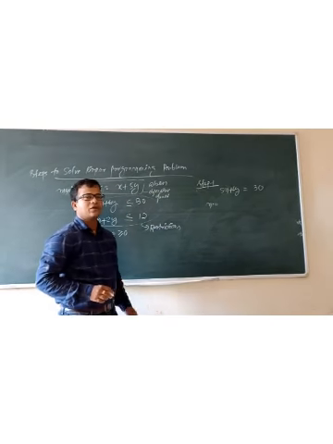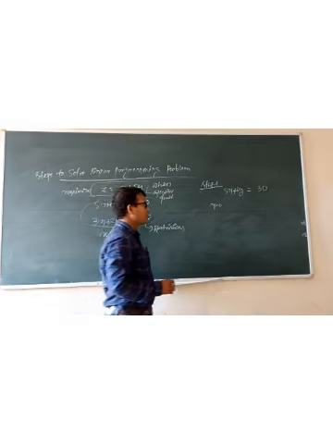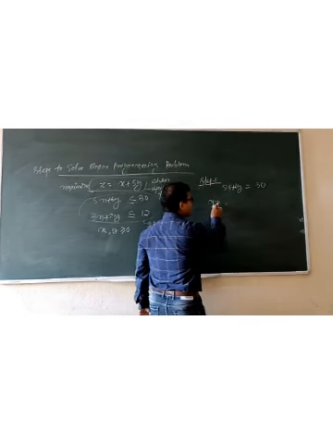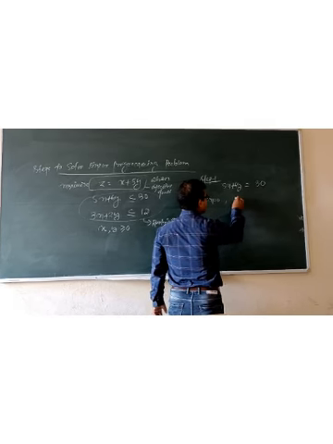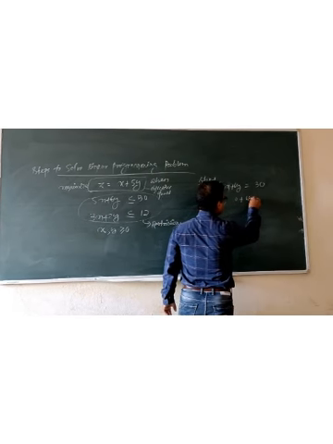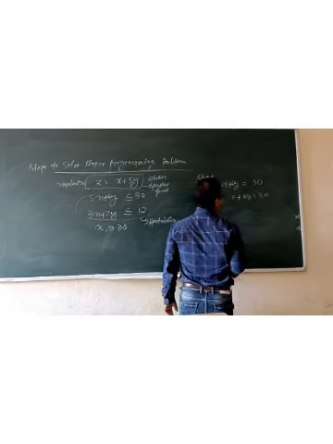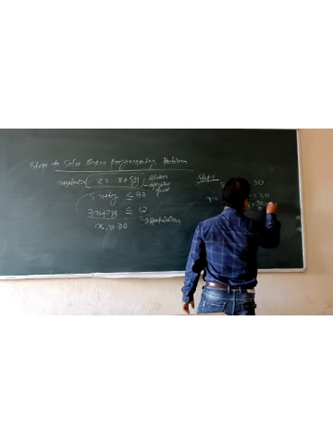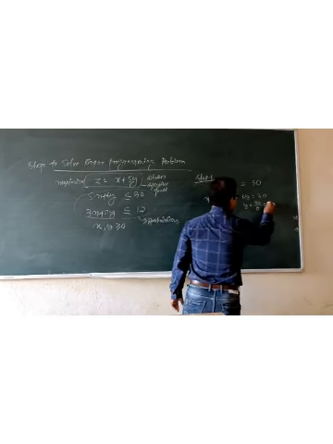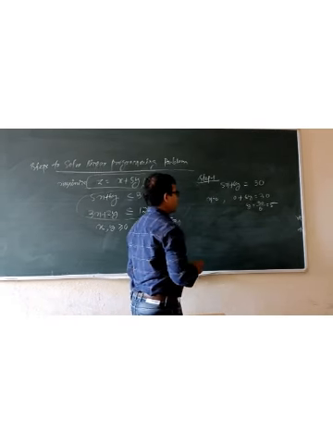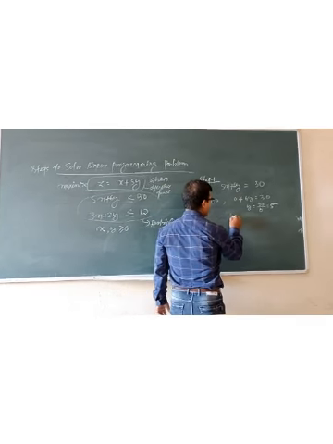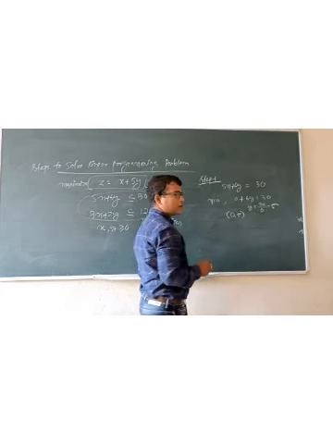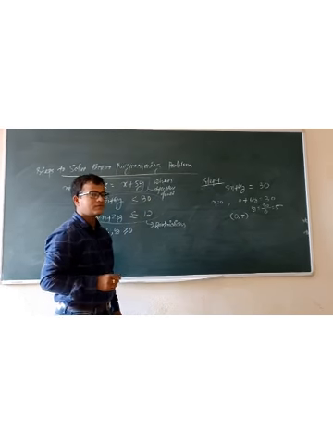If you put x equals 0, then you can easily get the value of y. Then 6y equals 30, so y equals 30 by 6, that is 5. The first coordinate, or first point, is 0, 5.